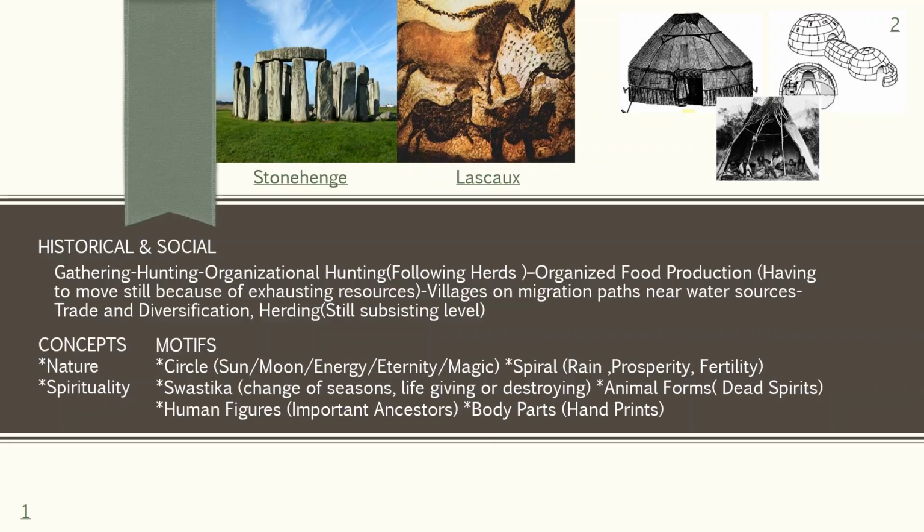We have a swastika, which is meant to show the change of seasons, life-giving or destroying. Animal forms, which represent dead spirits, and human figures, which were mostly important ancestors. And sometimes you just have an arbitrary body part or a handprint. That was probably them just testing out different methods and uses of paint within a given cave.